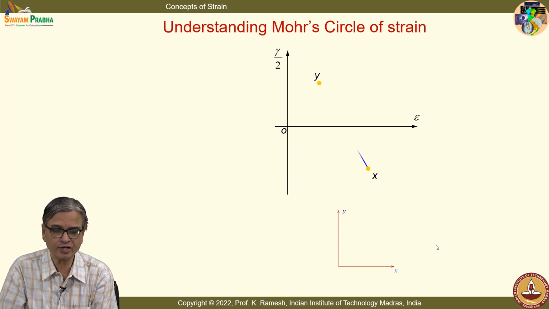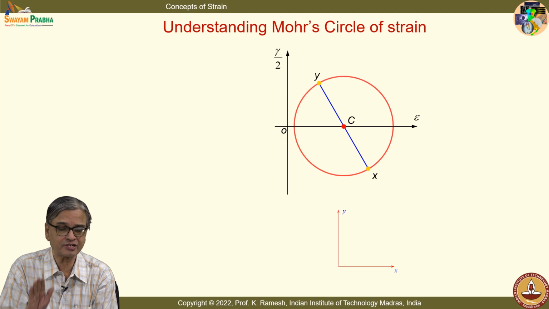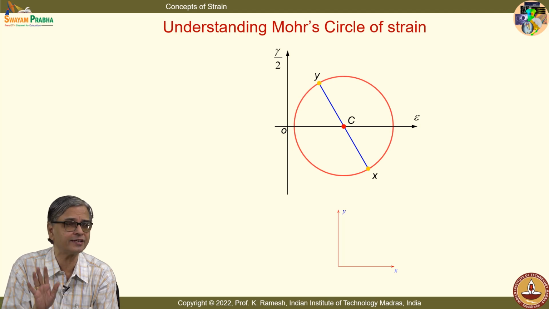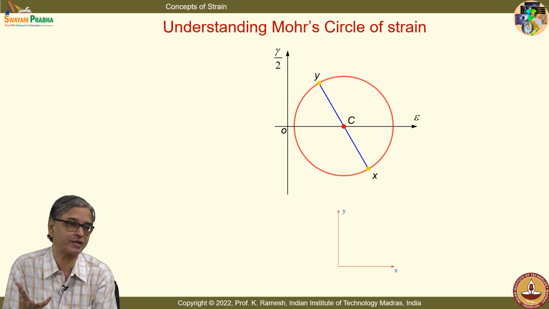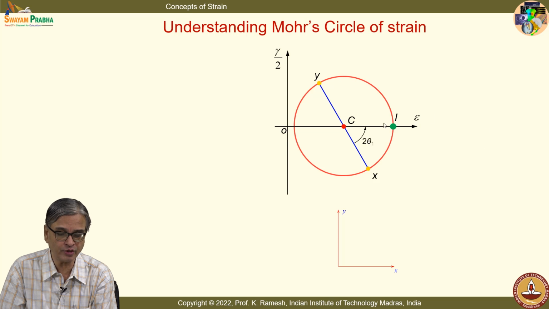We also solved a numerical problem in the case of stress, where we understood state of stress at that point is unique, which can be expressed by various components. On similar lines, state of strain is also unique at that point. I can express it as components in the x and y directions. I can express as components in the principal directions 1 and 2.